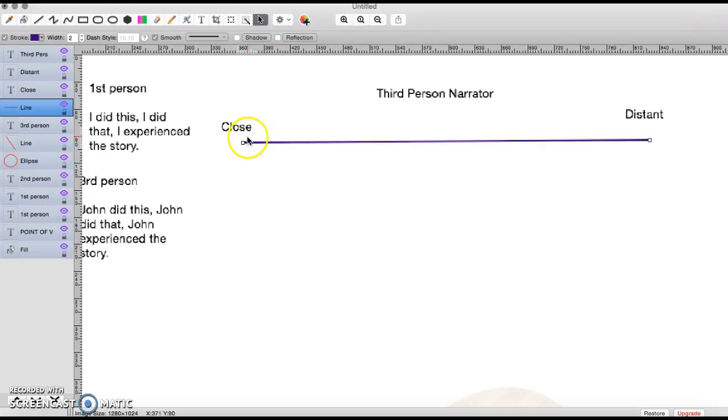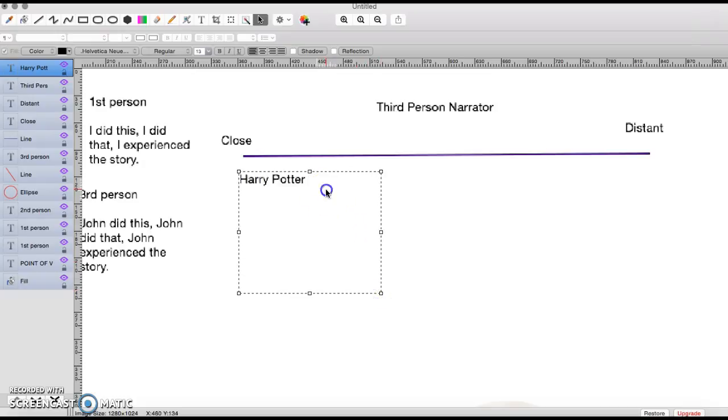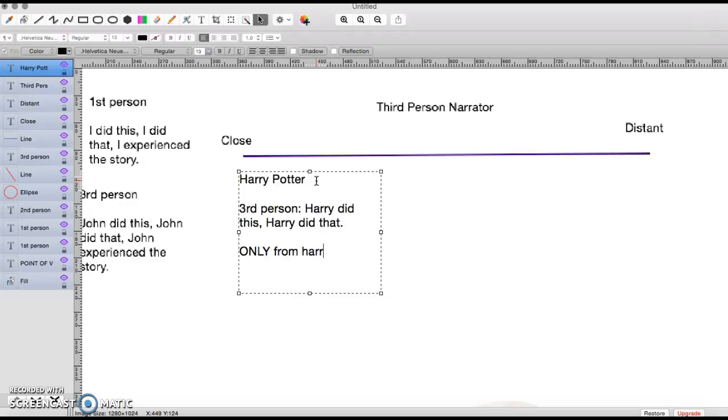So a third person close is an example such as the Harry Potter series. They use a third person close perspective because, although it's third person, Harry did this, Harry did that, we can only ever actually see the story from Harry's perspective. So only from Harry's perspective.